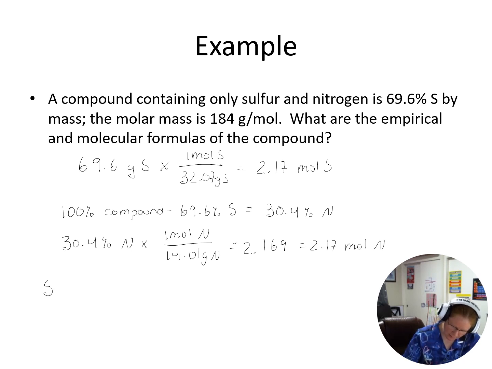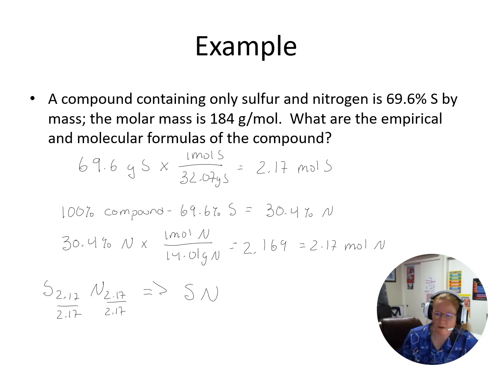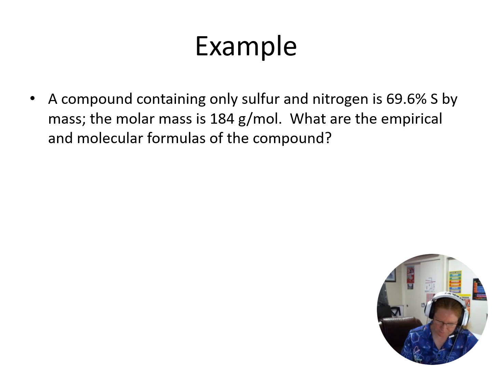So I have sulfur 2.17, nitrogen 2.17. There's my empirical formula. My empirical formula is SN. So we figured out our empirical formula.